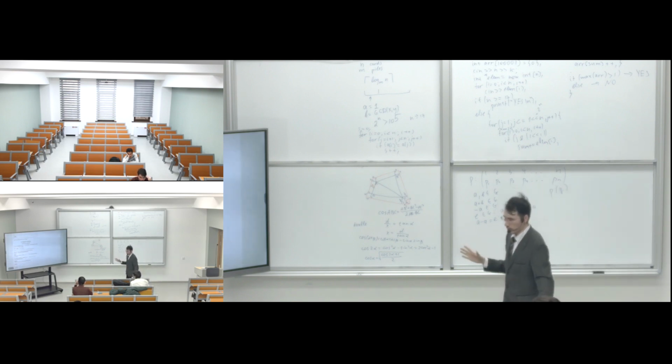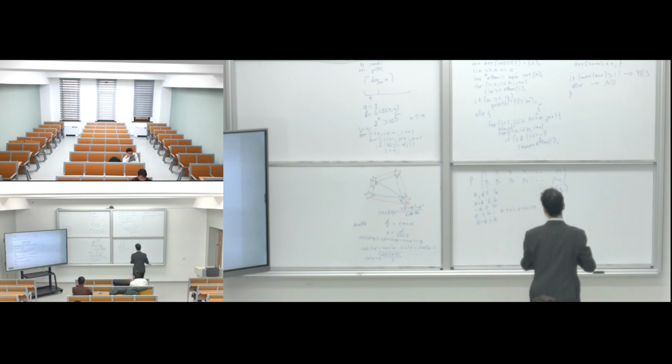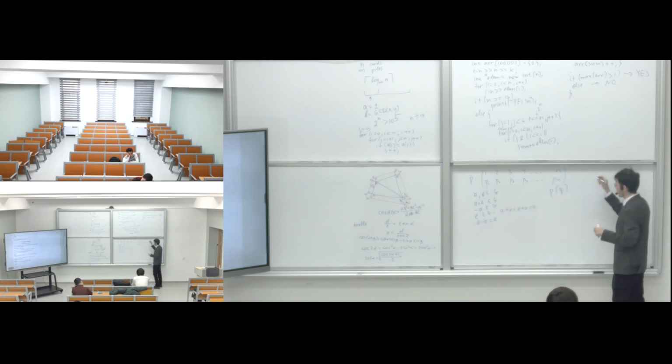So that's the idea. Now, what is interesting about permutations? Each permutation is a product of cycles. What does it mean? Let's write some permutation: 1, 2, 3, 4, 5. Let's say this 4, this 1, this 2, this 5, this 3.